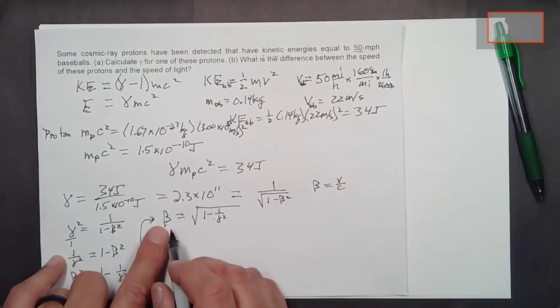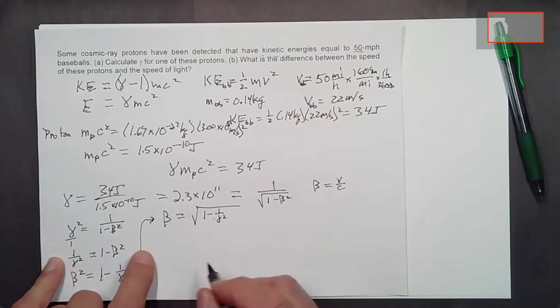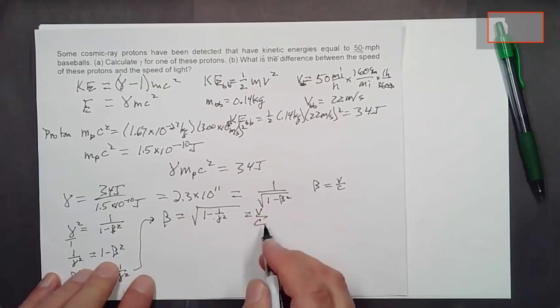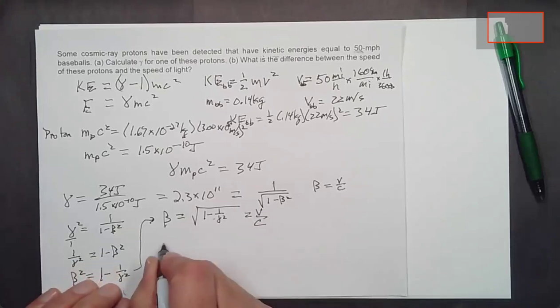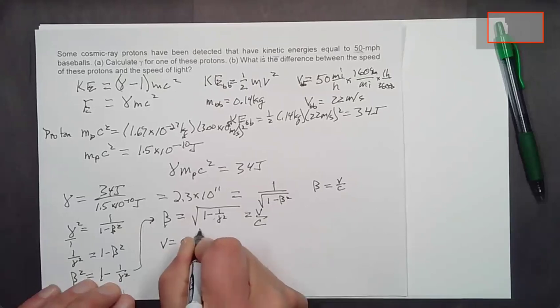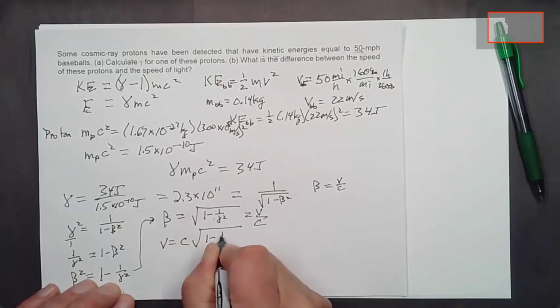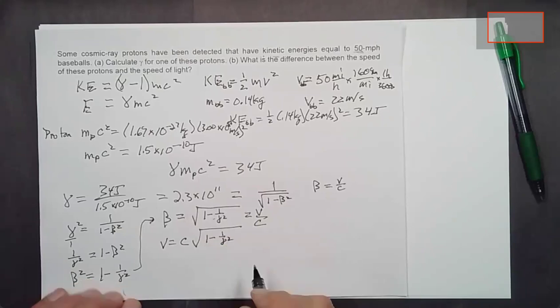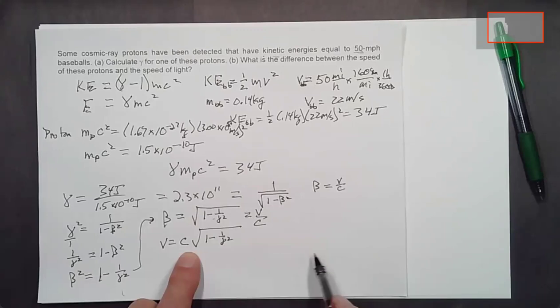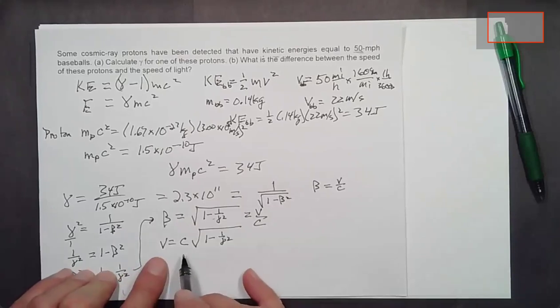Now we're going to recognize that beta is v over c, and that v will equal c times the square root of this thing. And this thing is going to be so close to 1 that it'll be 0.99999. I don't know how many nines it's going to have, but it'll be a whole bunch. And so that'll be problematic.